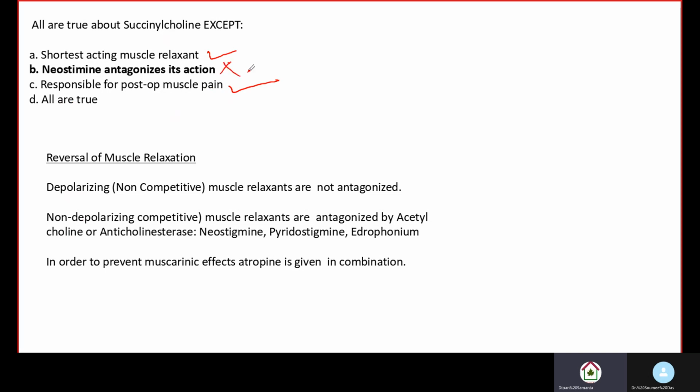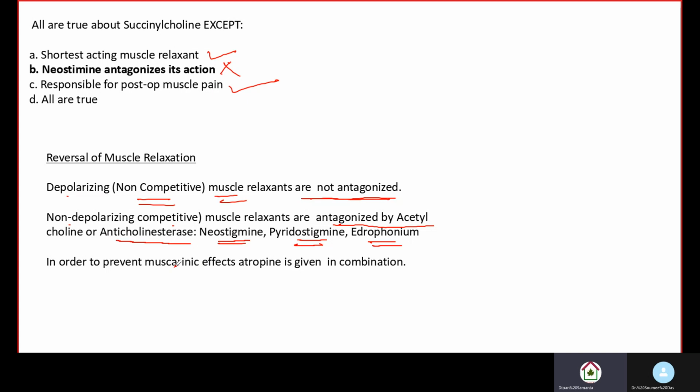Depolarizing non-competitive muscle relaxants like succinylcholine are not antagonized. But the opposite, non-depolarizing competitive muscle relaxants, are antagonized by acetylcholinesterase inhibitors like neostigmine, pyridostigmine, and edrophonium.